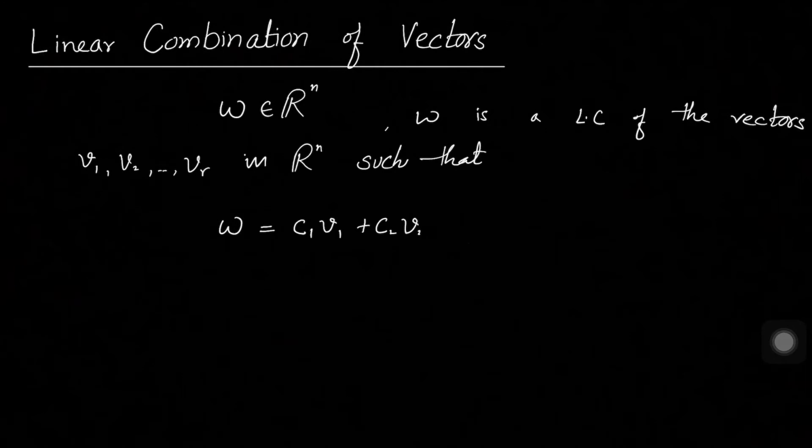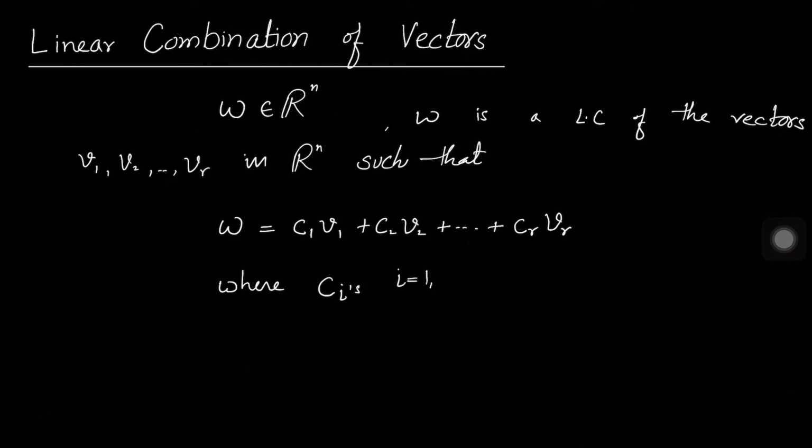Linear combination means you just multiply each vector by a scalar. So if we can find these scalars c1, c2, cr such that their linear combination comes out to be w, then we say that this w is a linear combination of the vectors v1, v2, vr, where these ci's, where i is running from 1 to r.